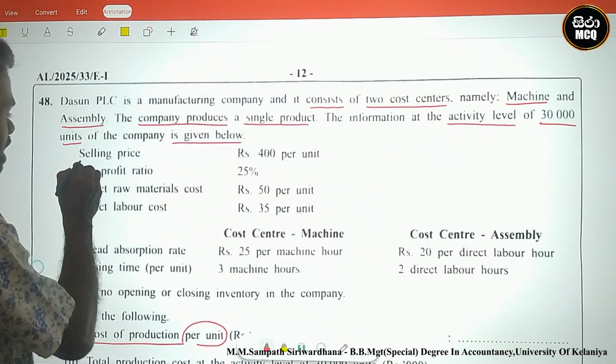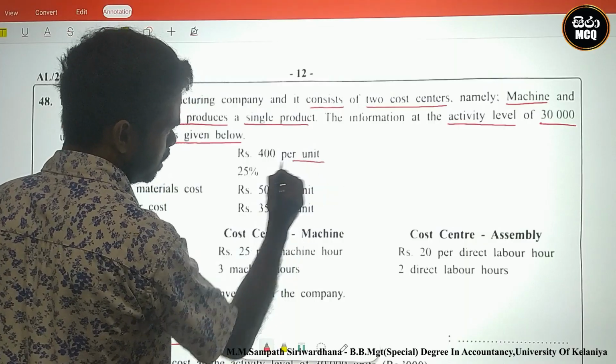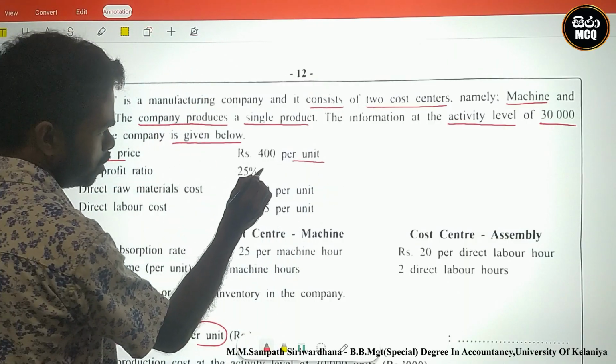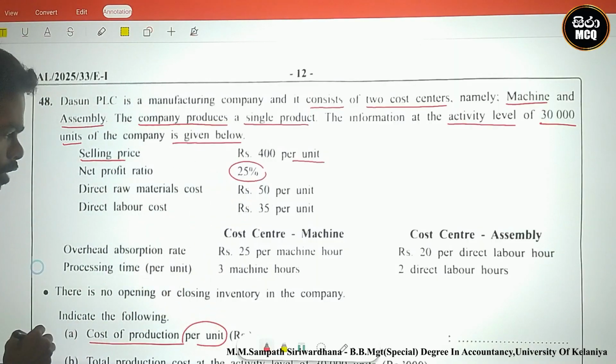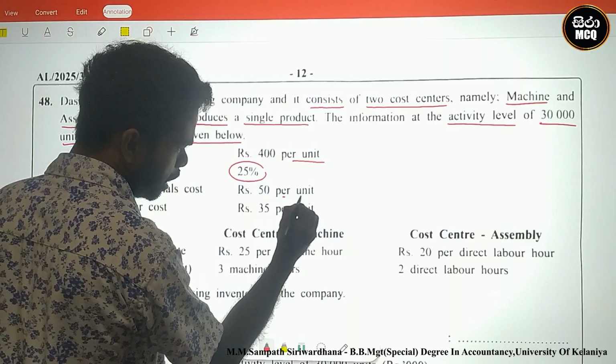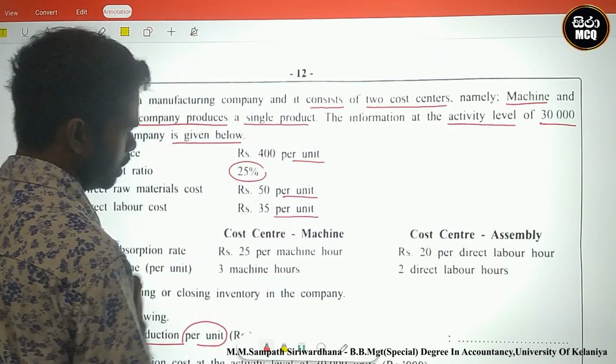Selling price is 400 per unit. Net profit ratio is 25%. Direct raw material is 50 per unit. Direct labor cost is 35 per unit.